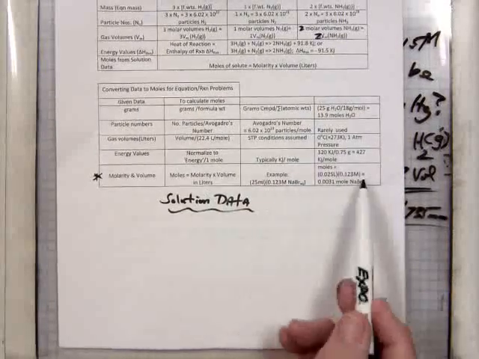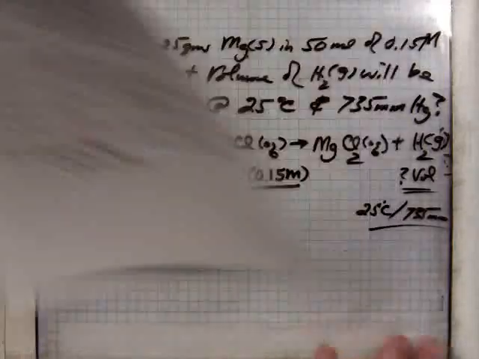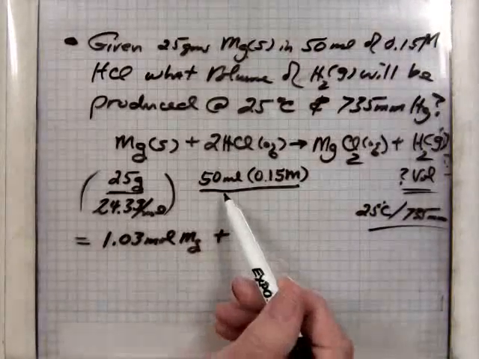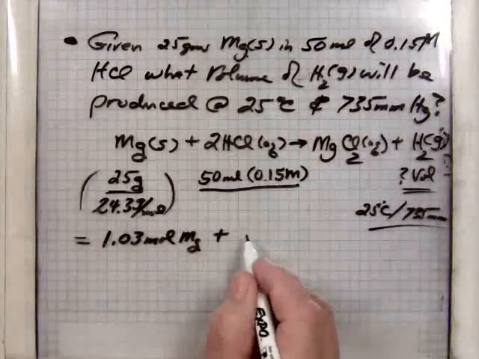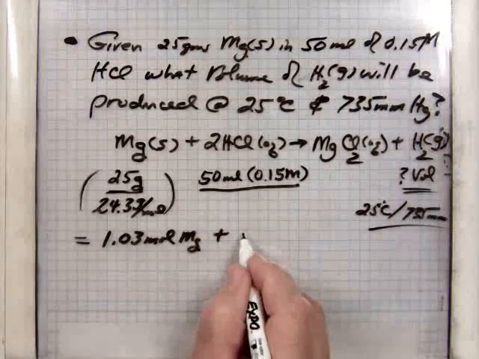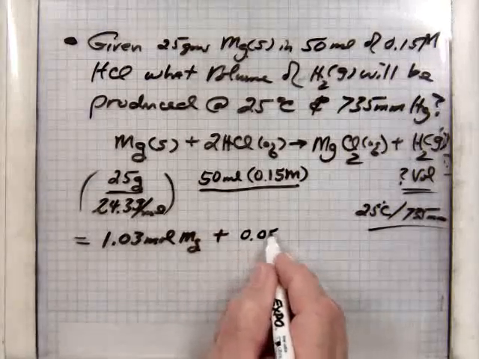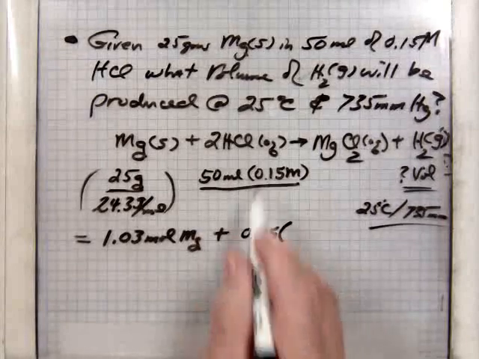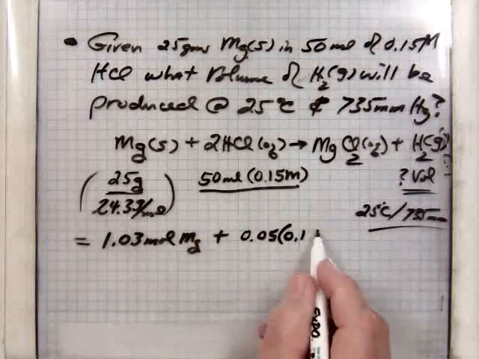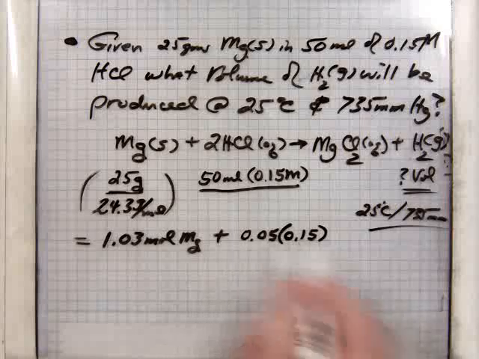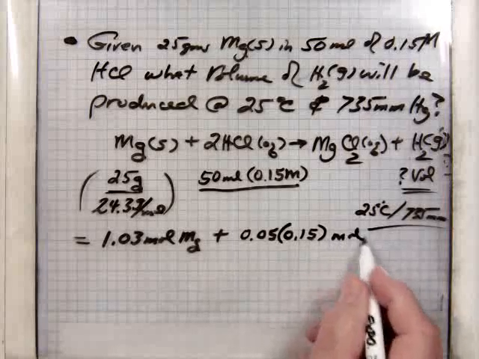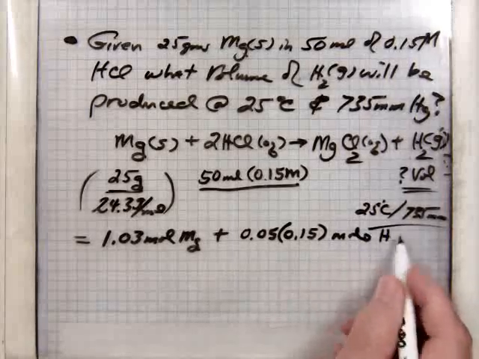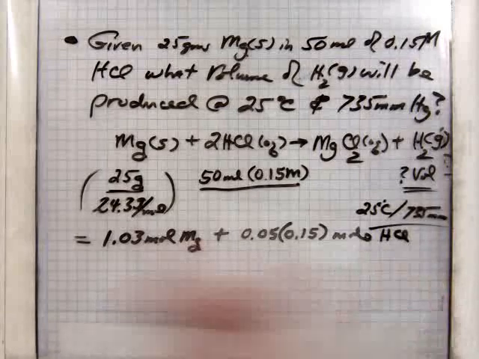Well, in this particular one, it would be volume in liters would be 0.05 liters, because you divide by 1,000, times 0.15, and the product of those two gives you moles of the HCl that you're reacting in here.